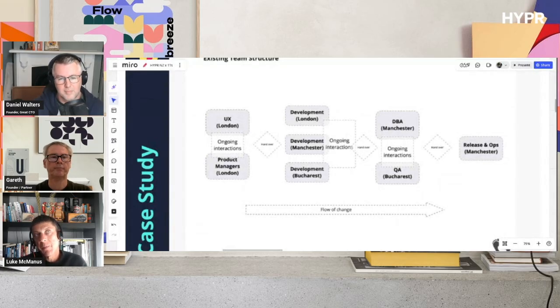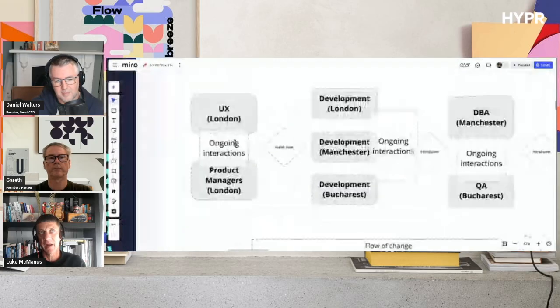So in this example, we've got the PMs and the UX guys working together. We've called it ongoing because there's no real rules or reason around those interactions. Probably reporting lines is one of the reasons that happens.